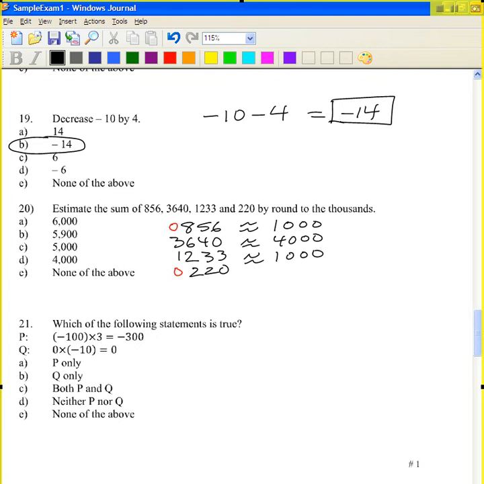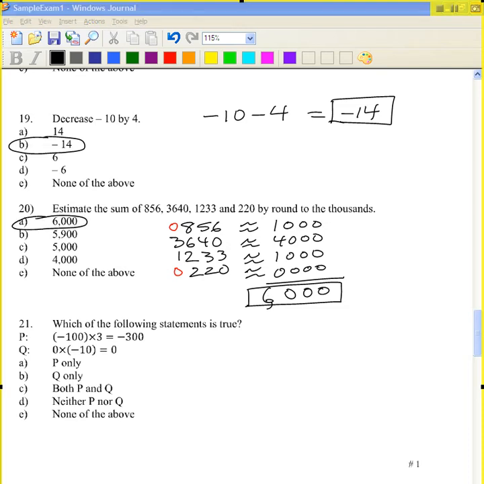And lastly, the digit immediately to the right of 0 is 2, which is less than 5. Therefore, I just truncate, so I round this to 0. And so let's add. There's a whole bunch of zeros here. 1 plus 4 plus 1 is 6. So it's approximately 6,000.